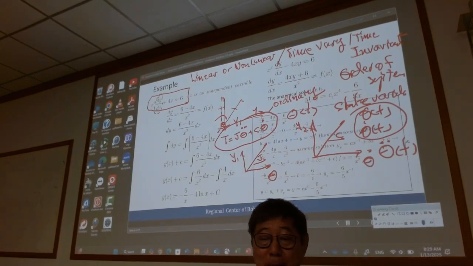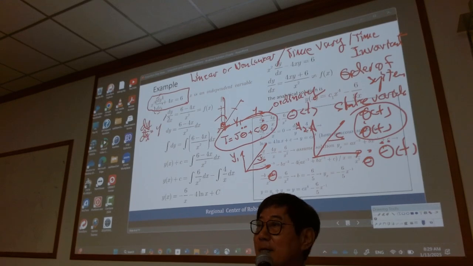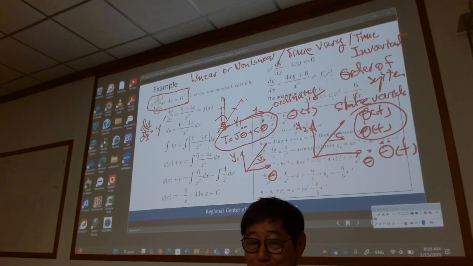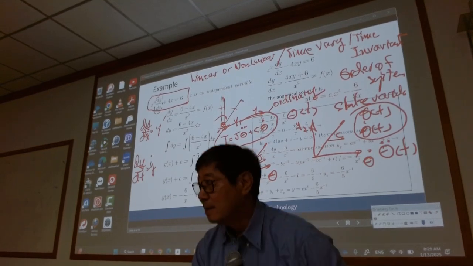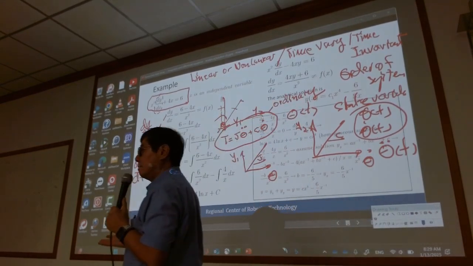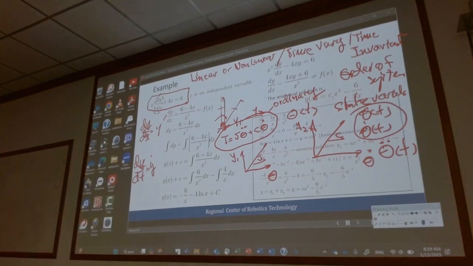In mathematics, dy by dx is normally called y prime, but if it is by dt, we normally write y dot. The dot always means derivative with respect to t. So we see that in all dynamic models our independent variable is t, right?